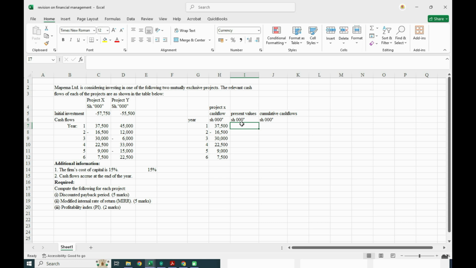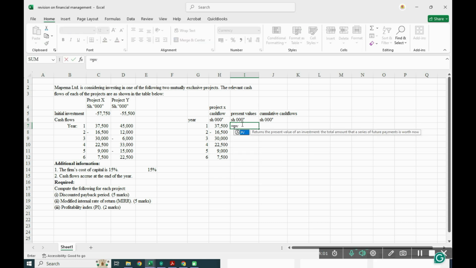In this case, we shall put the PV formula. Remember, PV is the present value, which returns the present value of an investment, the total amount that a series of future payments is worth now. I will tab this, and it will require me to input the rate. My rate is already there. The number of periods are my years, from year 1 to year 6.